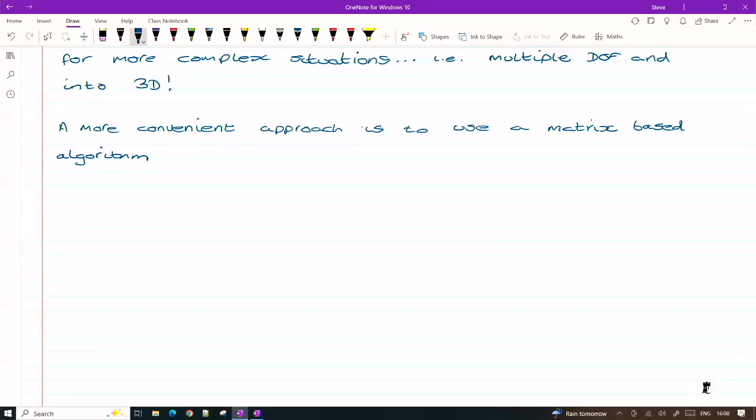And matrix-based algorithms are very well adaptable to programming into software on computing systems.